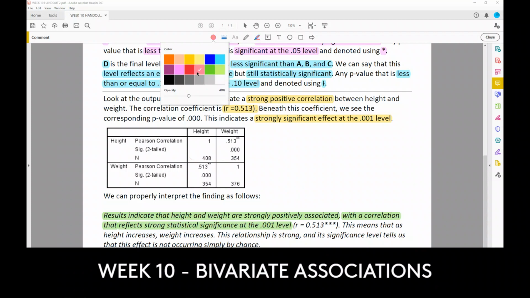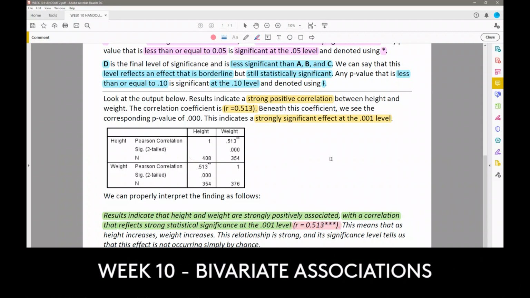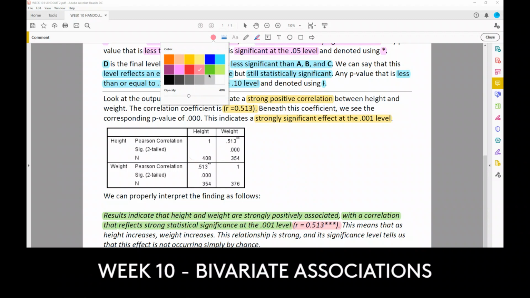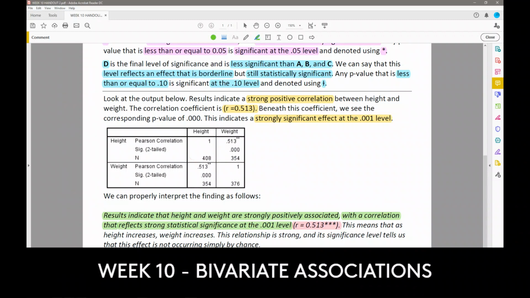And this is basically your correlation coefficient, okay? You're showing your correlation coefficient r equals 0.513, and then the level of significance, which is 3 asterisks, okay? And then I want you to give a substantive interpretation of what all this statistical lingo means.